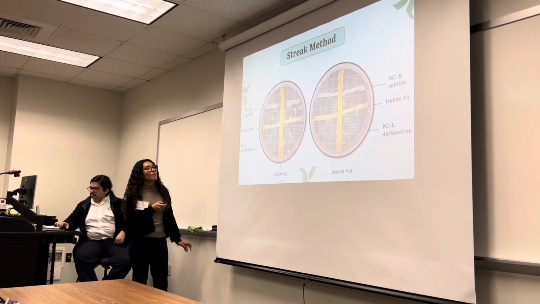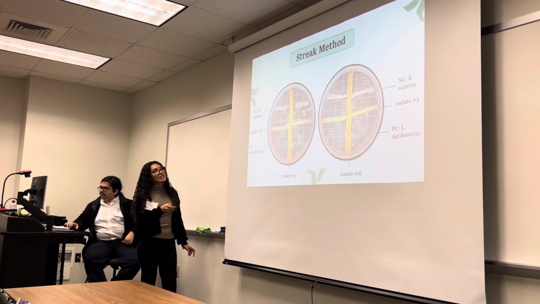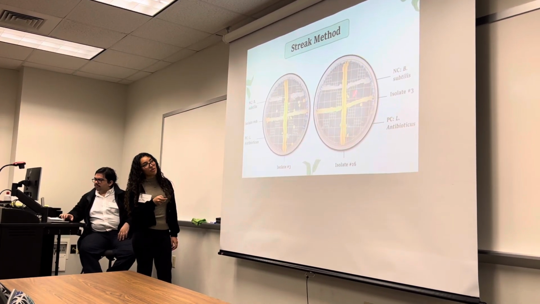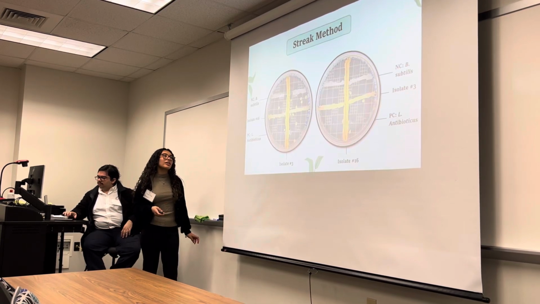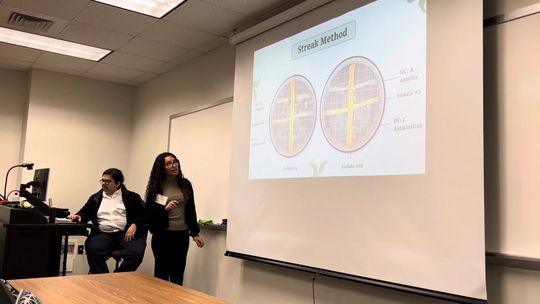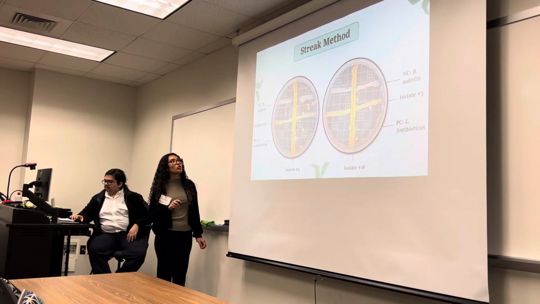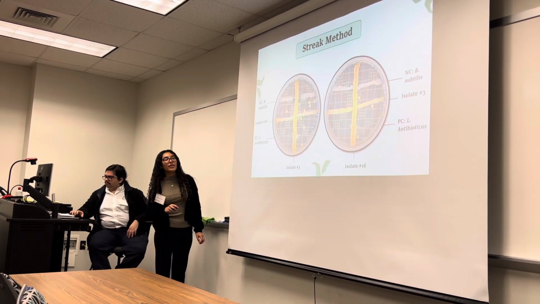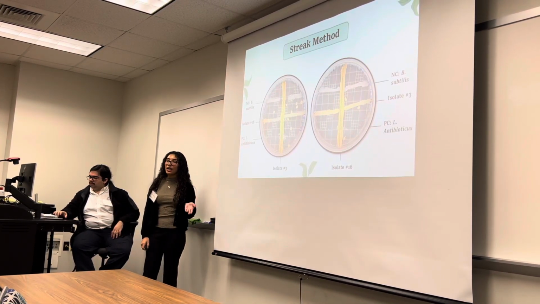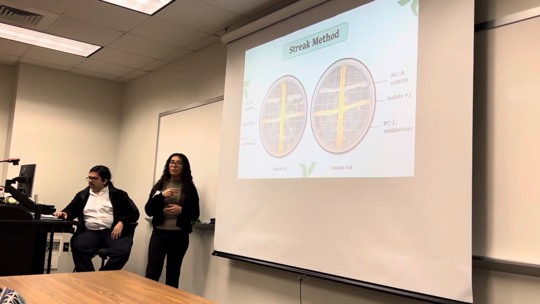Right here, I first put isolate number 3 vertically across the plate, and isolate number 16 vertically across this plate, incubated that, and then after it grew, we did B. subtilis as the negative control right above, the positive control L-antibioticus, and the other isolate that I'm testing against right down the middle.